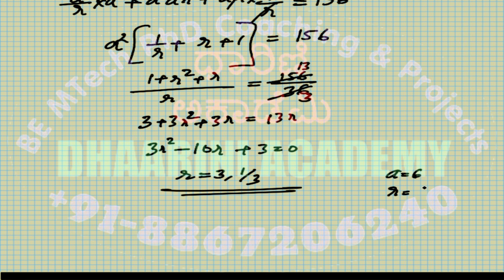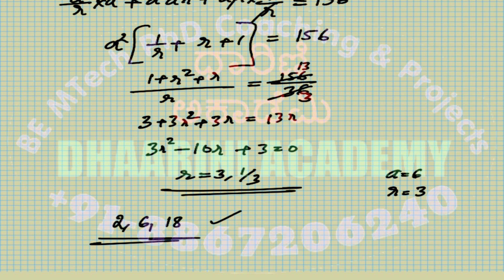So if you take 3, a by r is 2, 6 and 18, right? 18 plus 2, 20 plus 6, 26. So 2 into 6, 12 into 18 gives 216. Yes, this is the answer. So these are the numbers to satisfy the given question.